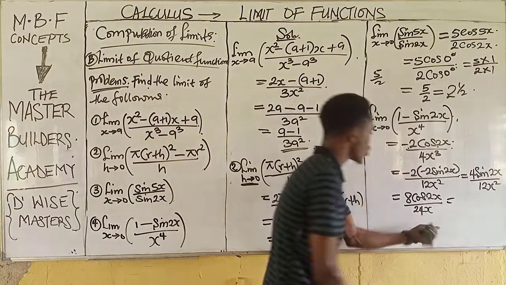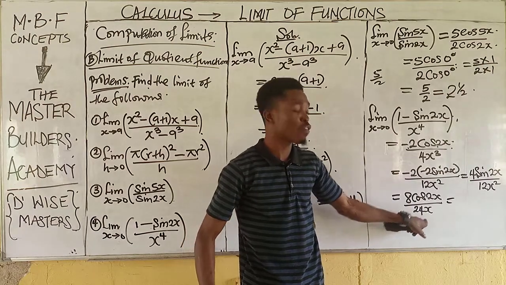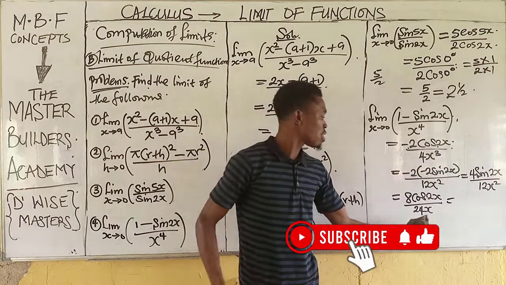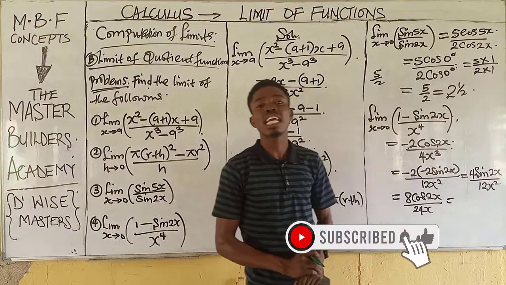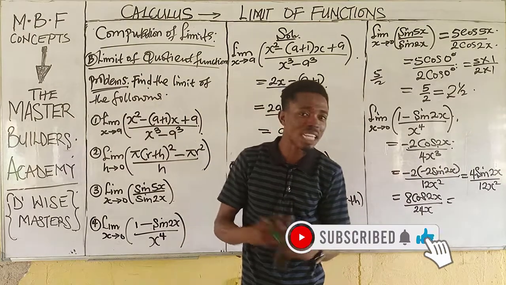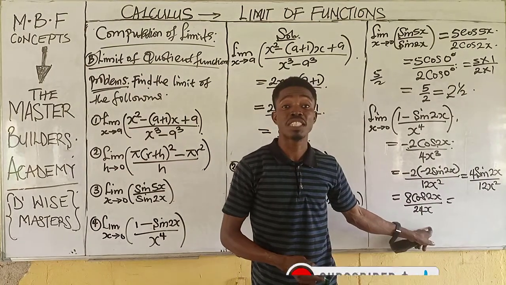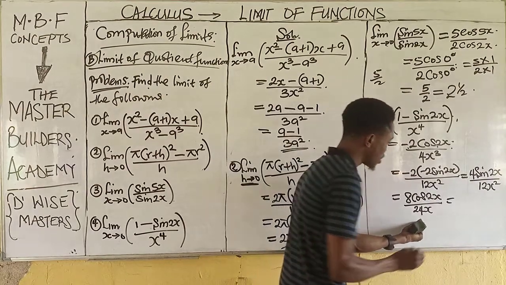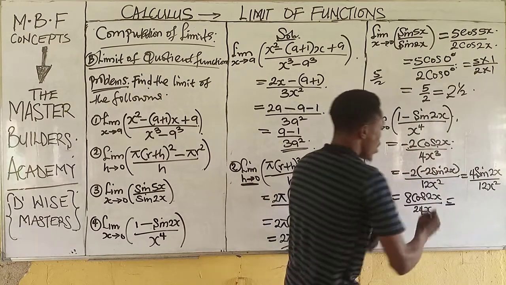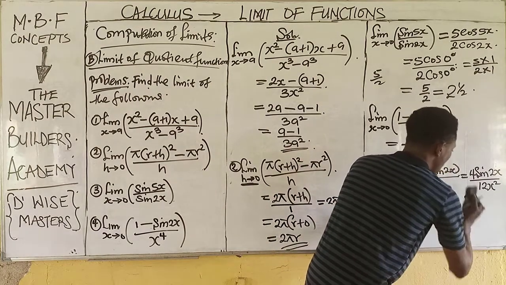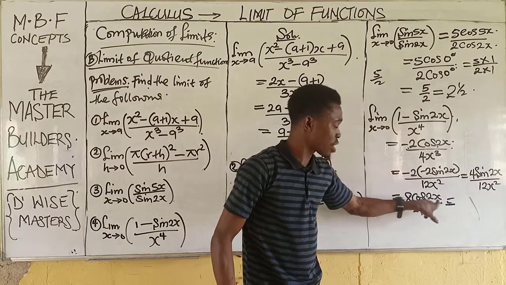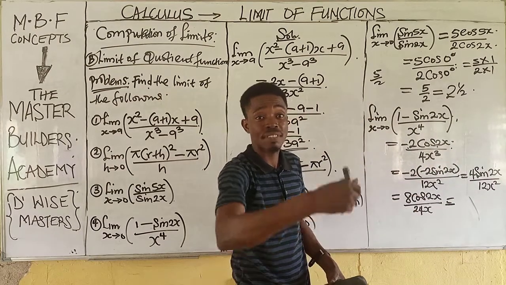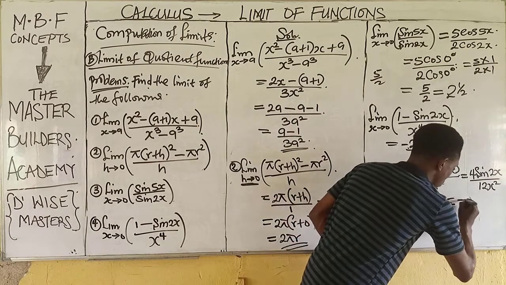Now, at this point, let's substitute the value of x. This will be 24 multiplied by 0, and 24 multiplied by 0 will equally give us 0. And we do not want 0 at the denominator. Then we need to differentiate this again. Now, if we differentiate this result again, we will have this as negative 16. Now, listen carefully. If I differentiate cos 2x, I know I have negative sine 2x. So, I know that my answer will turn out to be negative.